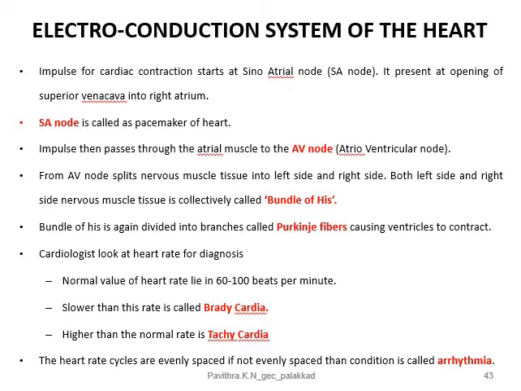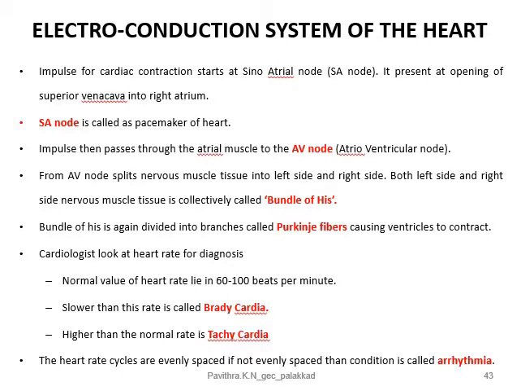Now, as I have told, the electrical signal produced by the sinoatrial node is conducted through the AV node, bundle of His and Purkinje fibers and at last results in contraction of the ventricular muscles. So this is due to the conduction of electrical current from the SA node to the myocardium. The tracing of this electrical current has to be done in order to understand the condition of the heart.